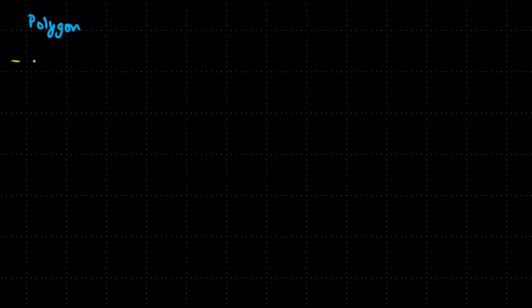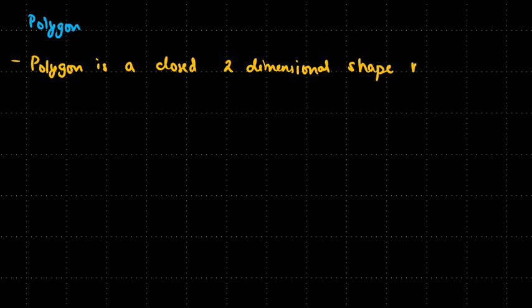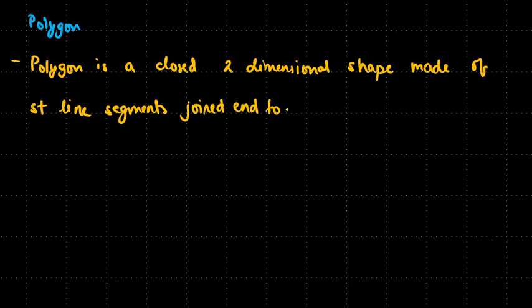So to understand a polygon, the most basic definition that I found was: a polygon is a closed two-dimensional shape made of straight line segments joined end to end.